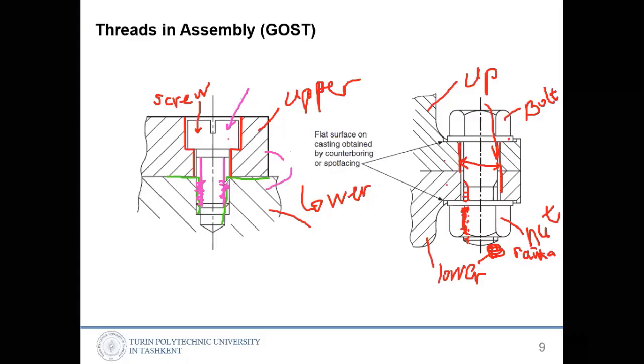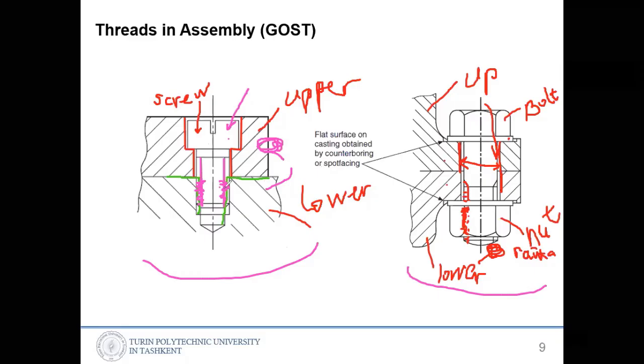So this is a screw only, there is no nut. The basic difference between a screw and a bolt and nut: this is the screw joint, and that's the bolt joint. We are not having a nut, we are just screwing into the lower part, and the screw holds the upper part all together.